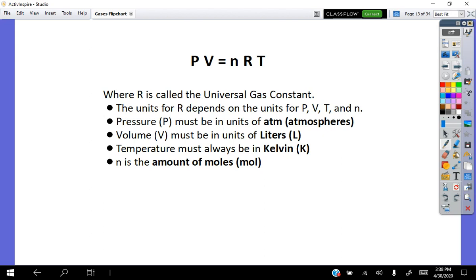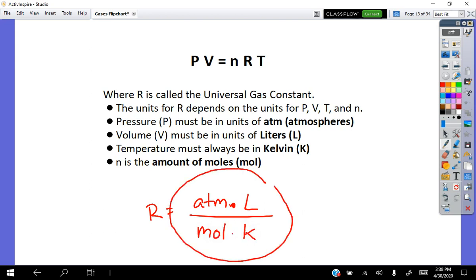So n is moles. So just keep in mind, like I said, the units for R: atmospheres times liters divided by moles times Kelvin. You're going to see this a lot. This is the units for the R gas constant.